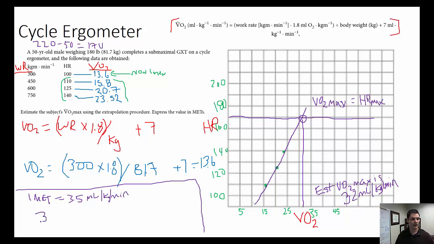So all we're going to do is take our estimation of 32, divide it by 3.5, which gives us 9.14 METs. And that would be your final answer. So their VO2 max is 9.14 METs.